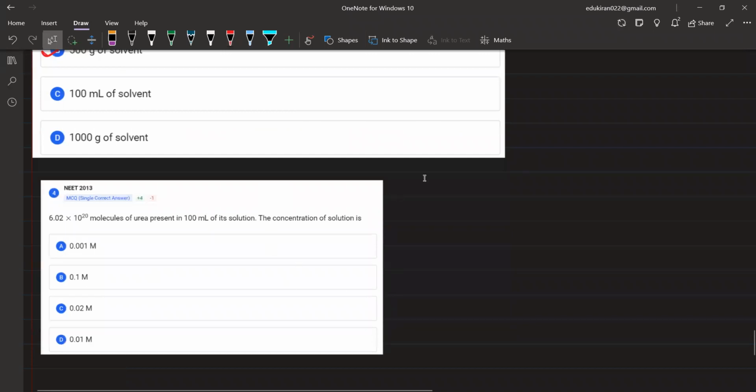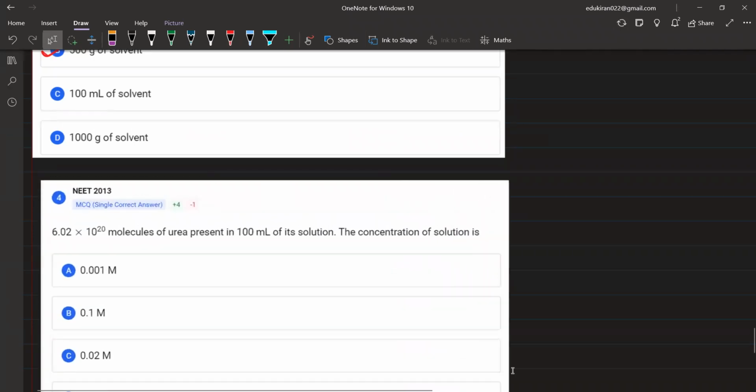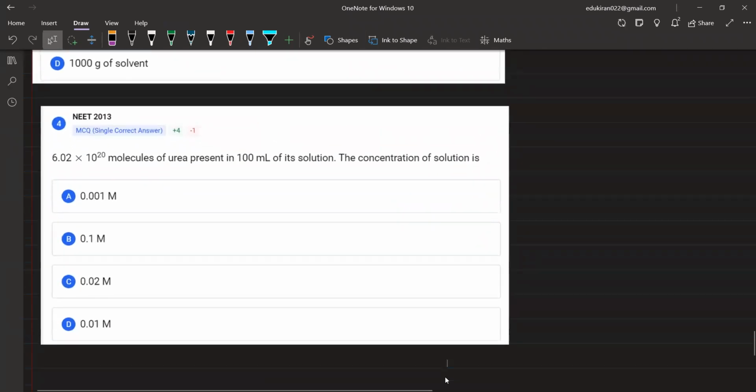Calculate this. 0.022 moles of urea present in 100 ml of its solution. First we have to convert this into what? Number of moles, and then divide by the volume. What will be the option?